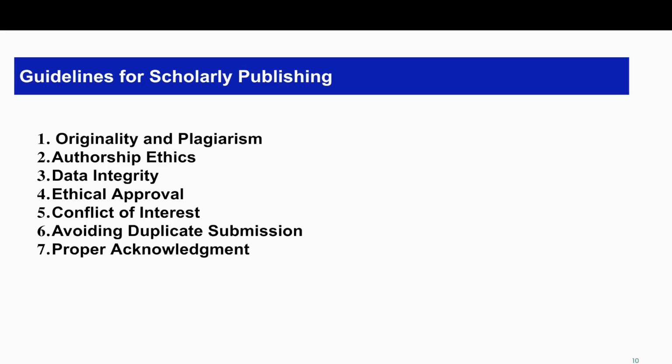Then comes proper acknowledgement: the source of funding and institutional support. If you have received any institutional support, let's disclose that, and recognize contributions that do not meet the authorship criteria in the acknowledgements section.